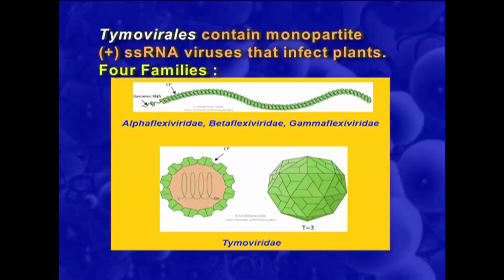Next, we are coming to the Tymovirales order. This Tymovirales comprises plus sense single-stranded RNA viruses that infect mostly plants. Herein, we have 4 different families called Alphaflexiviridae, Betaflexiviridae, Gammaflexiviridae and finally Tymoviridae.